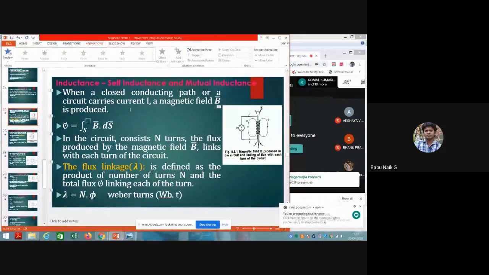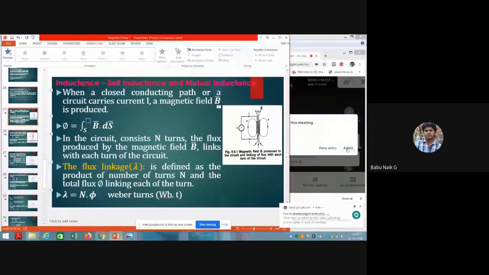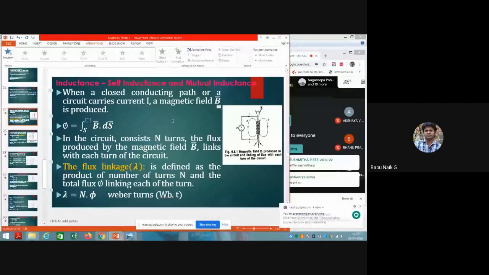When we give a supply to a closed conducting path, it carries the current I and a magnetic field is produced, so we can calculate the flux produced.